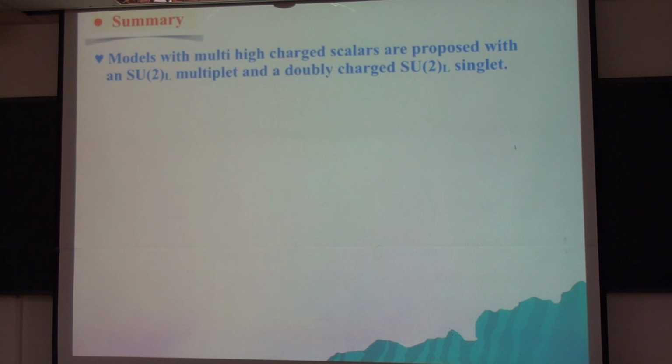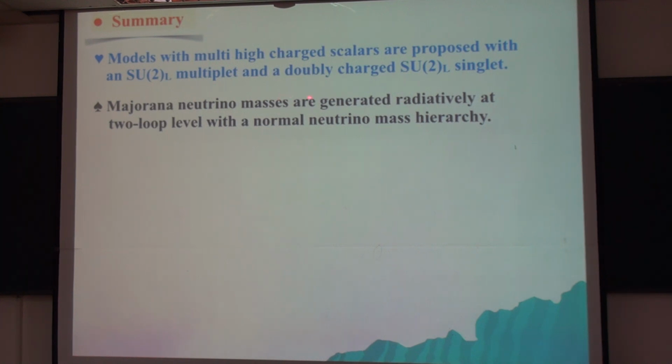Okay, let me summarize this talk. We proposed some models with multi-charged scalars, with an SU(2) multiplet and a doubly charged SU(2) singlet. Majorana neutrino masses are generated radiatively at two-loop level with a normal neutrino mass hierarchy.